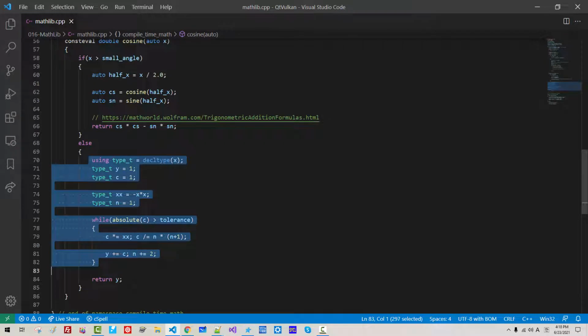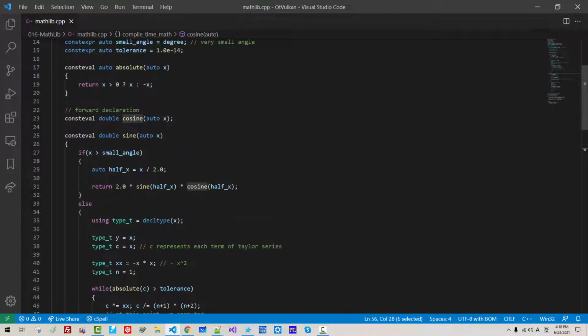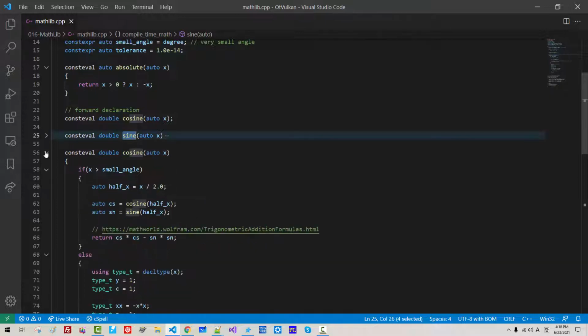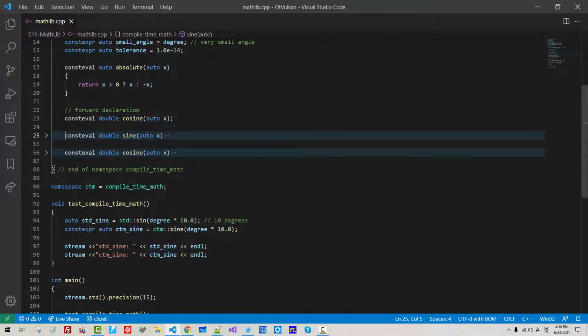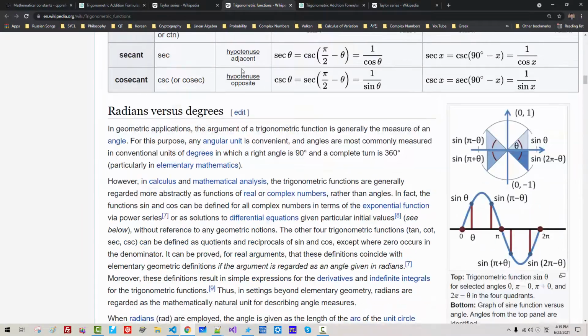Here, Taylor series. This function cosine, this function sine is not yet perfect, but we can easily make these two functions perfect using trigonometric identities.